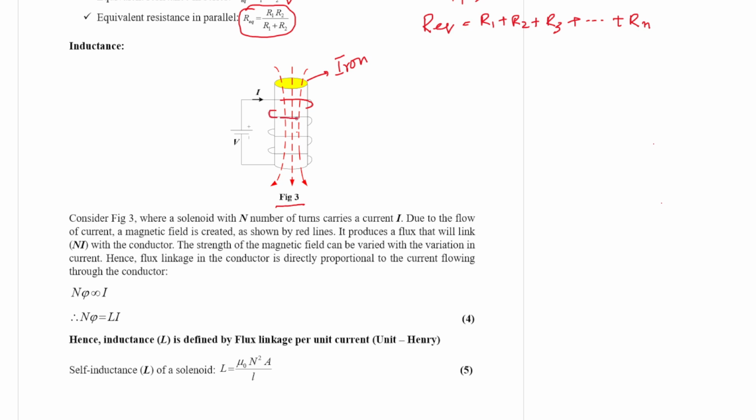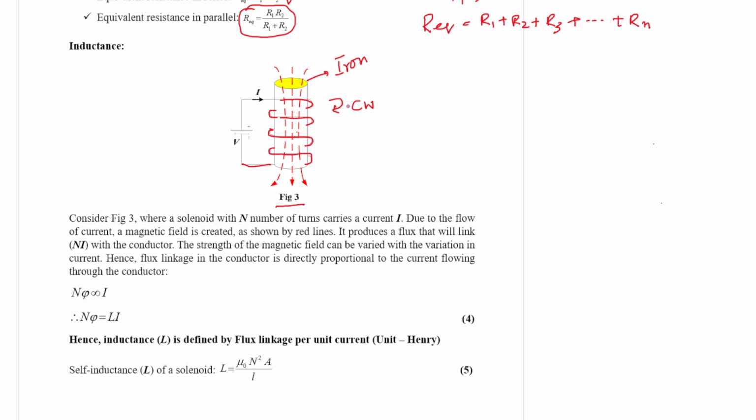Now, if the wire is connected across the supply, a current starts flowing. Say the current flows in the clockwise direction. Current may be flowing in anti-clockwise as well.